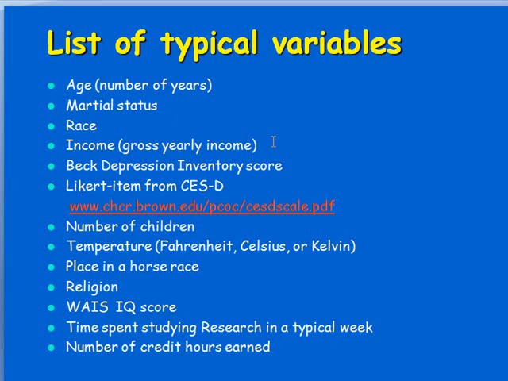We're not talking about debt here. So gross yearly income, and that is ratio, because it starts at zero. It's possible to make $0. Somebody can make twice as much money as somebody else, or half as much money.